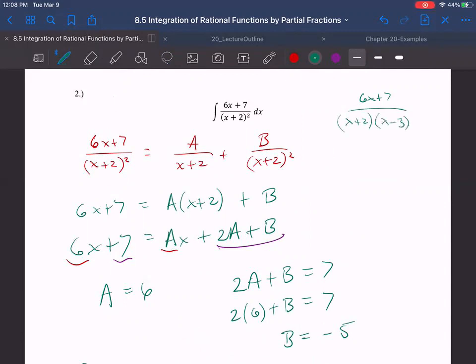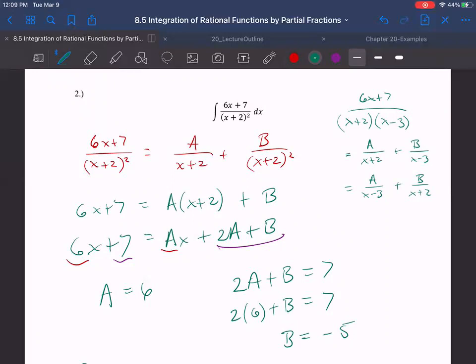Is that what you're talking about? So I would do that equals a over x plus 2 plus b over x minus 3. But what if I'd written a over x minus 3 plus b over x plus 2? Is that what you mean? Like what if I'd flip-flopped them?